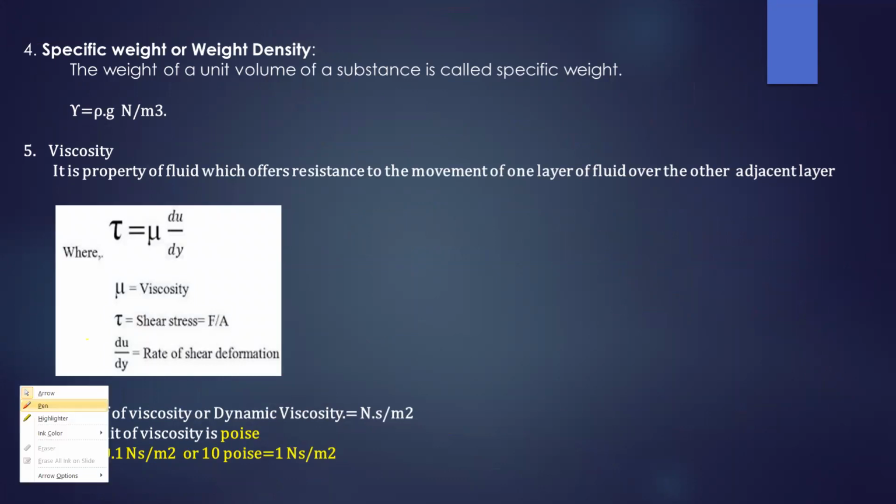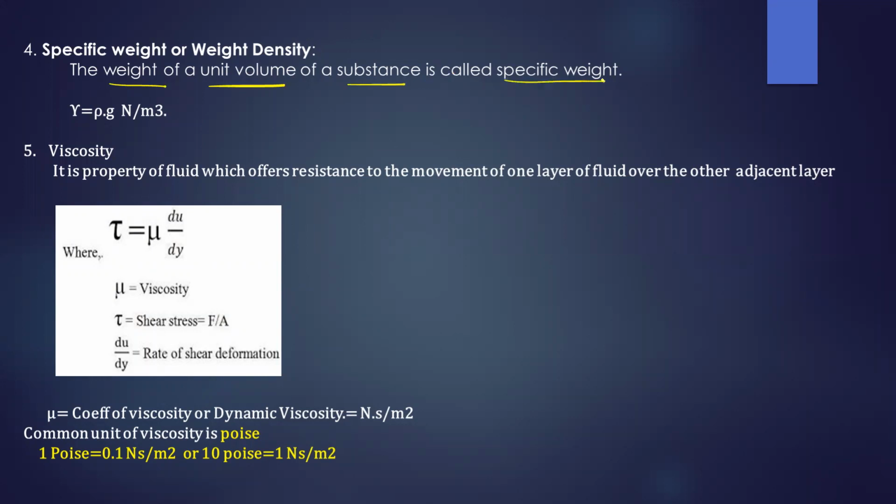The next is the specific weight or the weight density. The weight of unit volume of a substance is called the specific weight, and it is represented as gamma, which is equal to density into acceleration due to gravity. So it is rho g, Newton per meter cube. Suppose for water, the density is 1000 kg per meter cube.